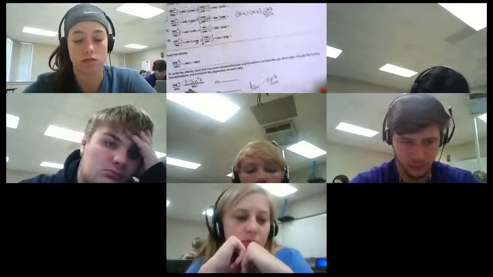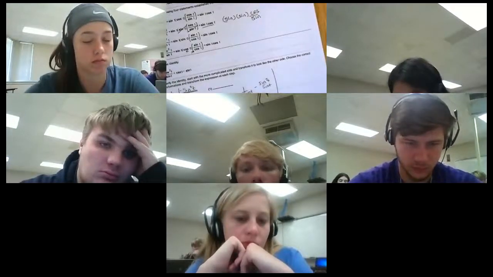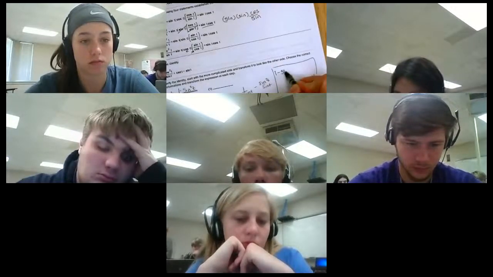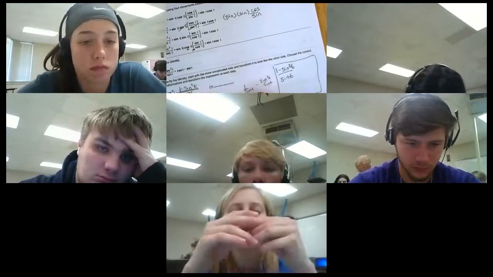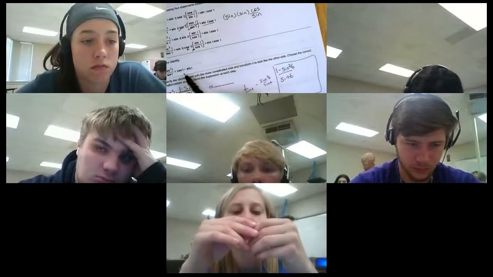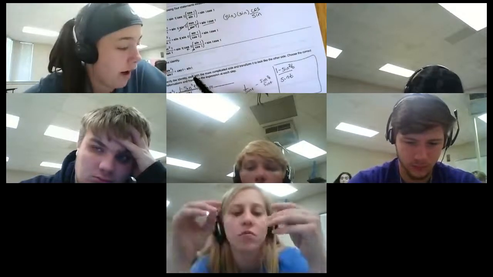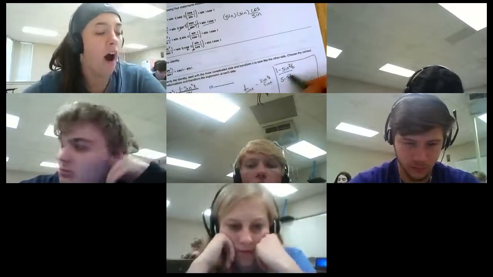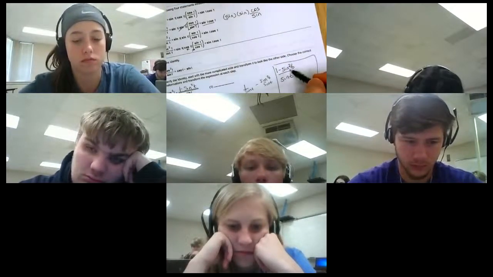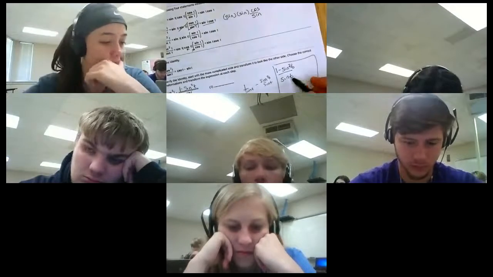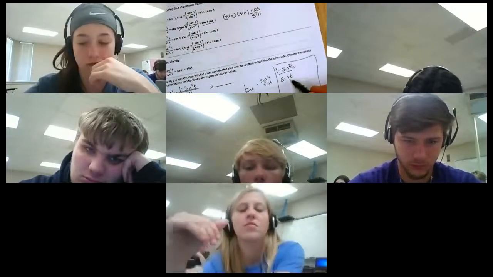Then, here's what your problem looks like. 1 minus sine squared t over sine t. And the answer is something being subtracted, so I don't want to get rid of the subtraction. In fact, I want to split this into two things. Think back to how you add and subtract fractions. They have to have a common denominator, and you add and subtract the numerators.